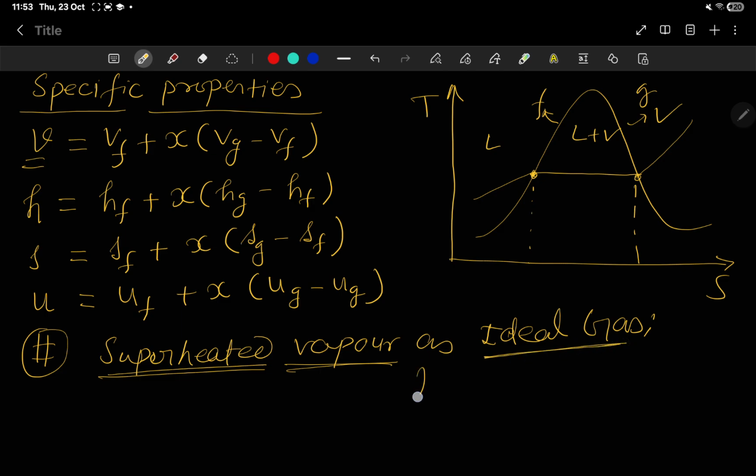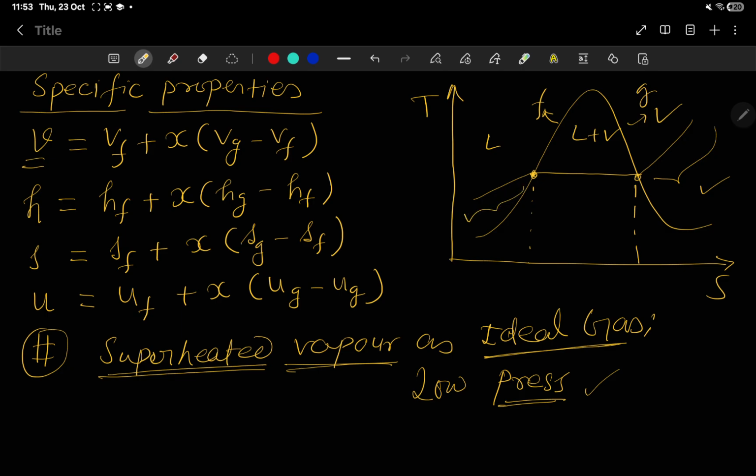This phenomenon happens at low pressure, right? So at low pressure, we will take this region as ideal gas, and we will consider this region also as an ideal gas.